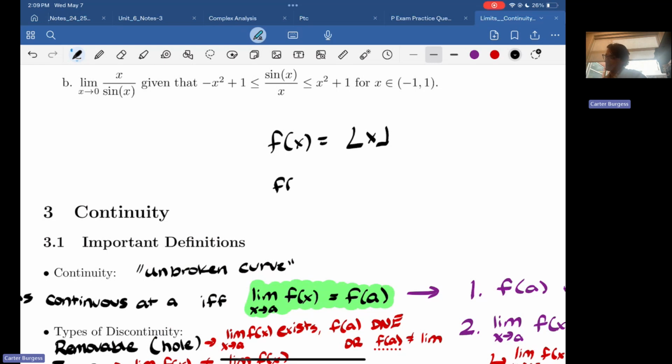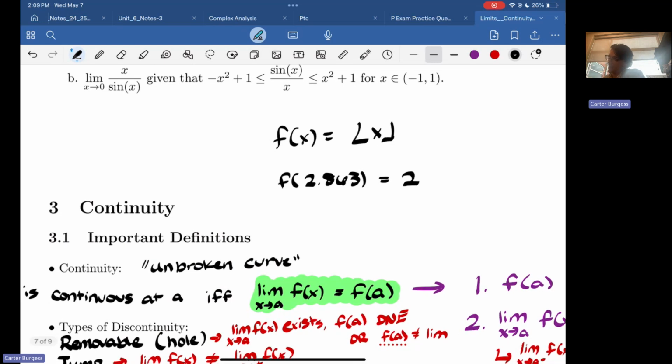So for instance, f of 2.863 is going to be just 2. It rounds it down to the nearest whole number. f of 3.999 is just rounded down to 3.